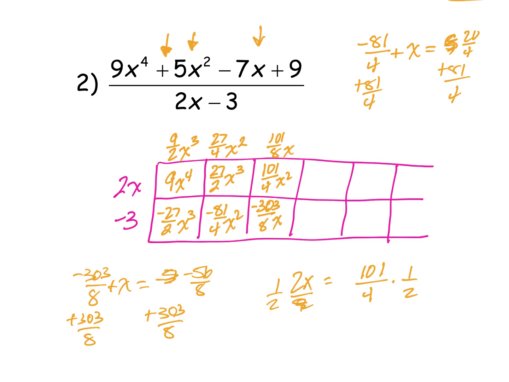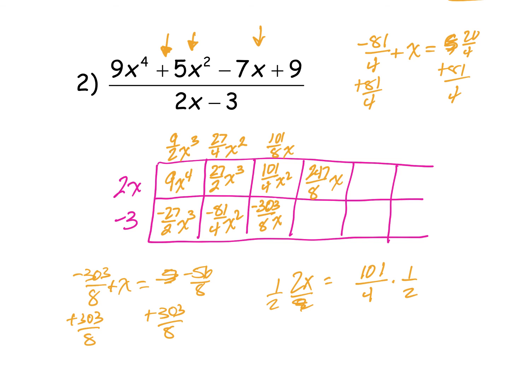So 303 minus 56. Guys, get your calculators out. 303 minus 56 is 247, right? 247 eighths x.